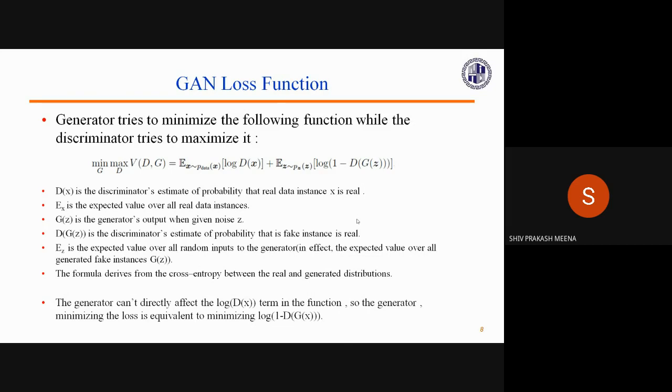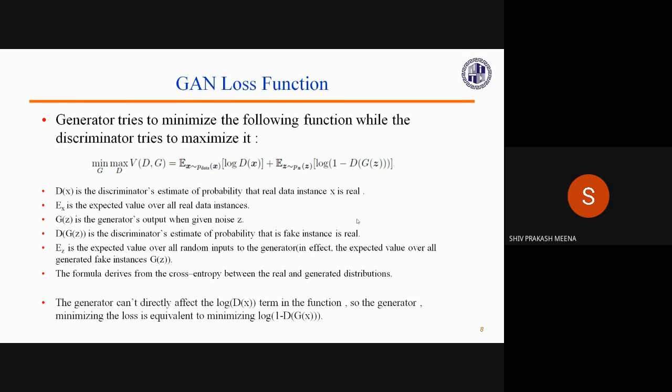It looks like a minimax game. So what is a minimax game? One will try to minimize and the other will try to maximize. Here the generator will try to minimize this loss function, and the discriminator will try to maximize it, and it is like a minimax game.